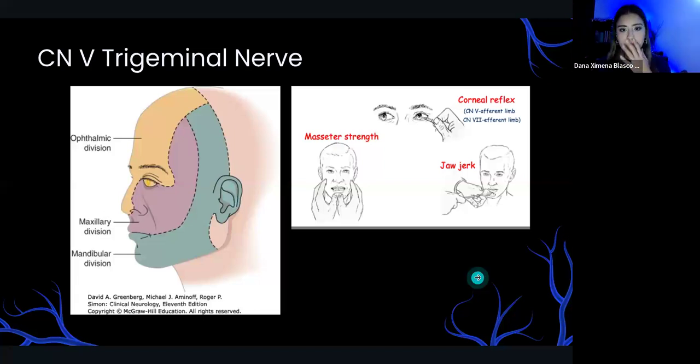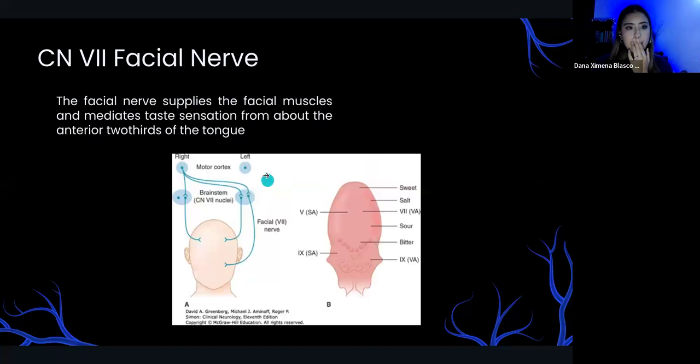Okay. Then moving forward to cranial nerve number 7, we have our facial nerve. The facial nerve supplies the facial muscles and mediates the sensation from the anterior 2/3 of the tongue. So this is going to be the facial nerve, and here in the back, it's going to be our 11th cranial nerve.